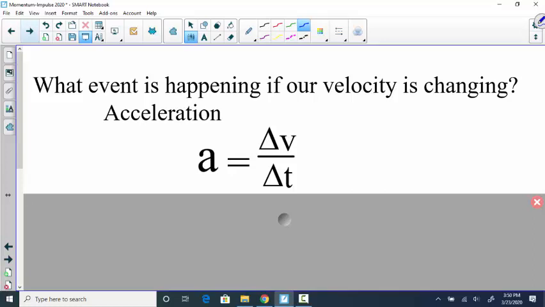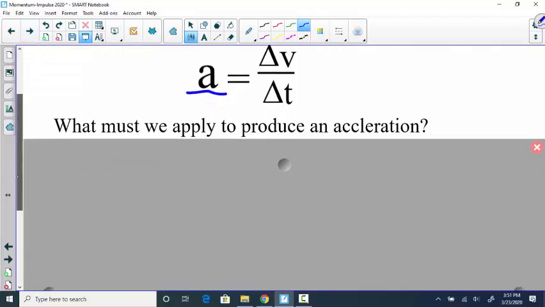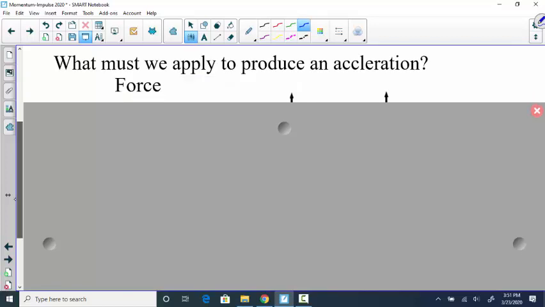So if our velocity is changing, then we must have an acceleration going on. And now, what must we apply to actually produce an acceleration? And that, hopefully you're saying, is a force.